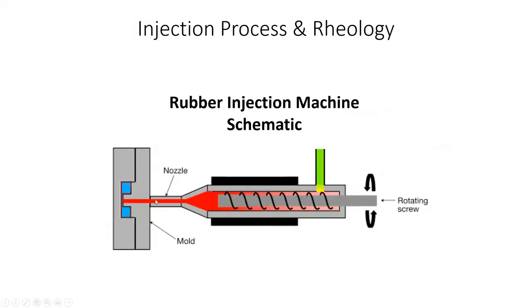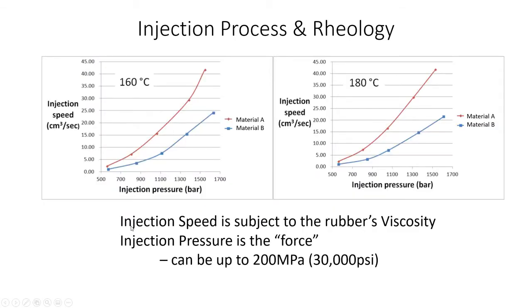So the injection press applies that pressure at the nozzle. Okay. And what we're looking at is the temperature in this cavity plate, so the temperature on the rubber material that's flowing in. And we're looking at two different material profiles.